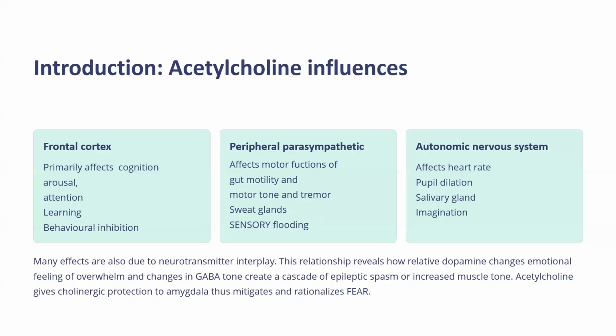The rationalization reduces. Then again, changes in the GABA tone create a cascade of epileptic spasm and increased muscle tone. Acetylcholine gives cholinergic protection also to the amygdala, thus mitigates and rationalizes fear.